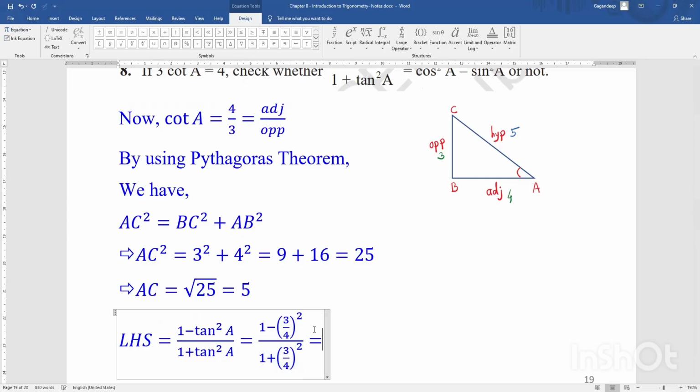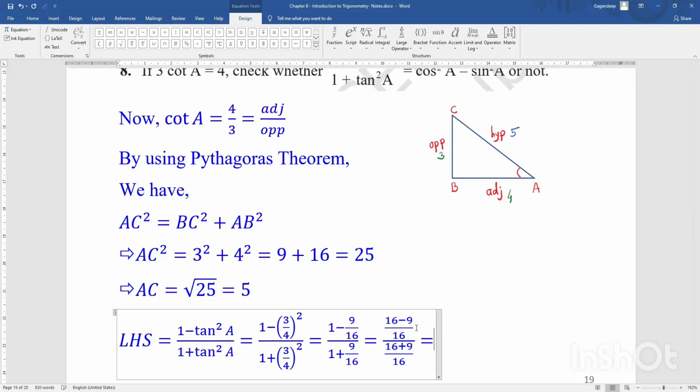Now in my next step, the numerator is 1 minus 9 by 16, and the denominator is 1 plus 9 by 16. Now we do the cross multiplication, wherein I get the numerator as 16 minus 9 by 16, and the denominator as 16 plus 9 by 16.